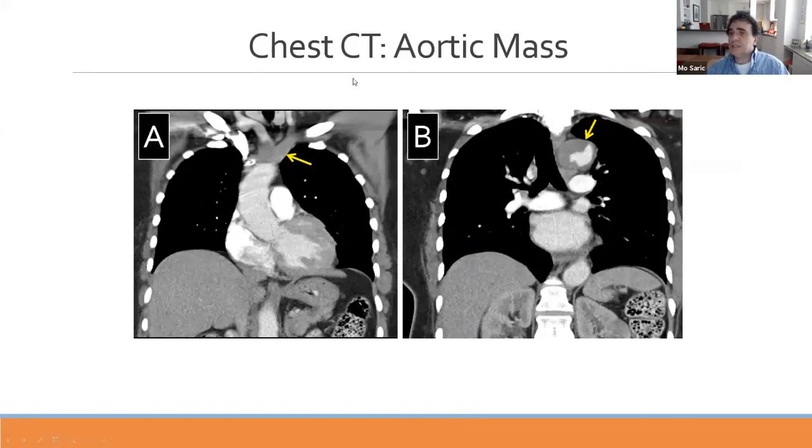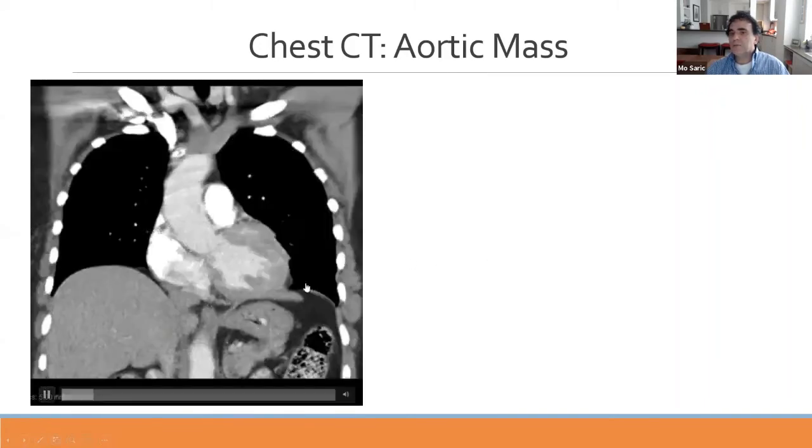These are chest CT on the left-hand side in the coronal cut at the level of the aortic arch, so that we see the origin of large vessels, and you see the tumor filling the proximal origins of cranial vessels, as well as the mass in the aorta itself. Again, this would be the moving image.